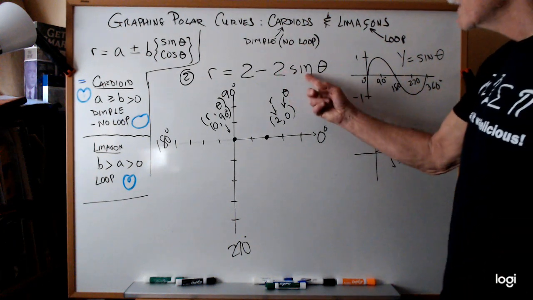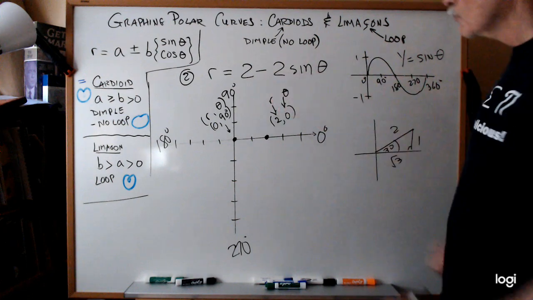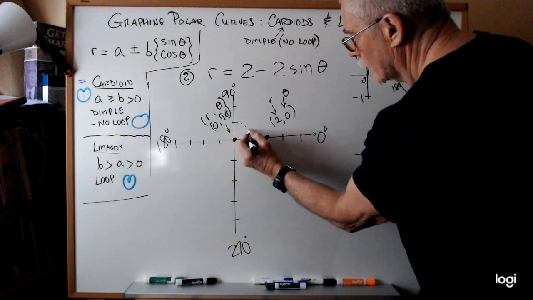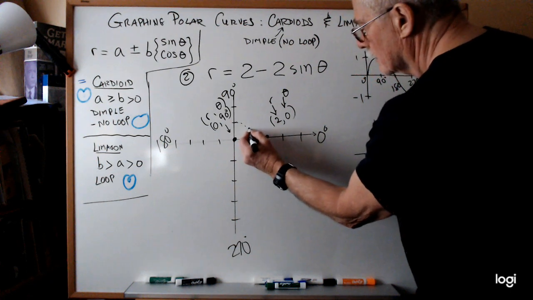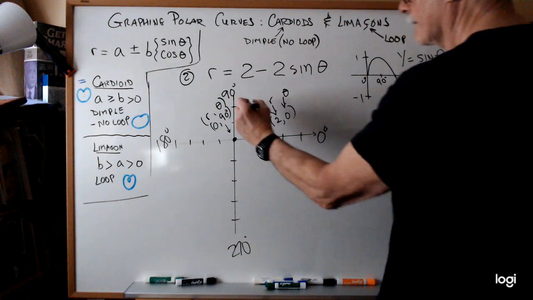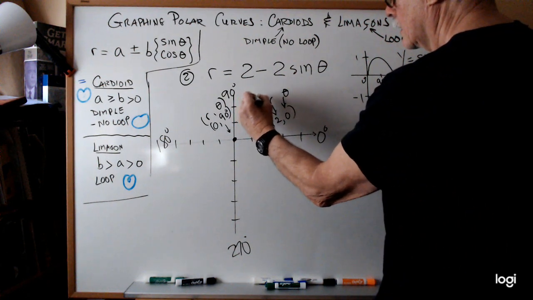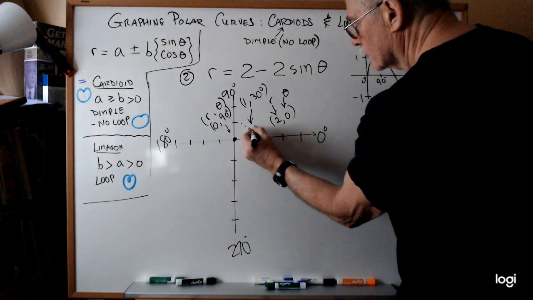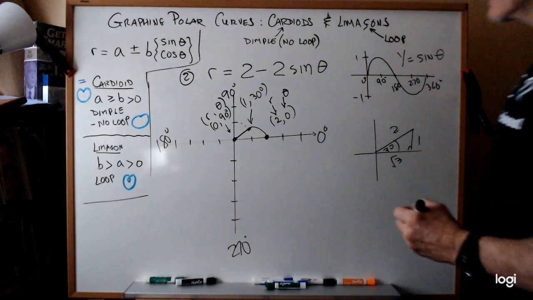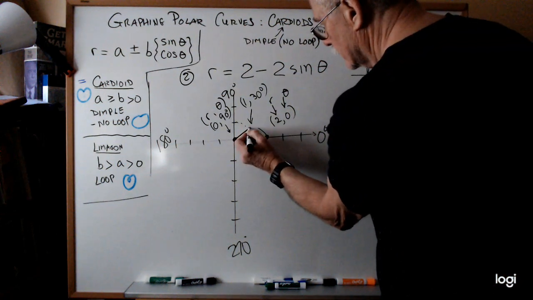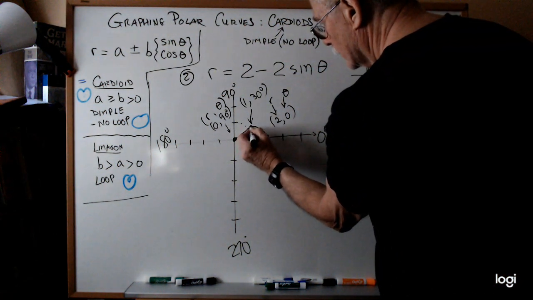So 2 times a half is 1. 2 minus 1 is 1. So at 30 degrees, we're radially out 1 unit. So this would be the point 1, comma 30 degrees. What's happening is our curve is going to start looking like that. I didn't draw that very well, but it's what happens.